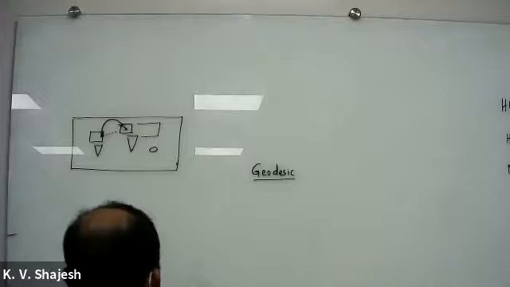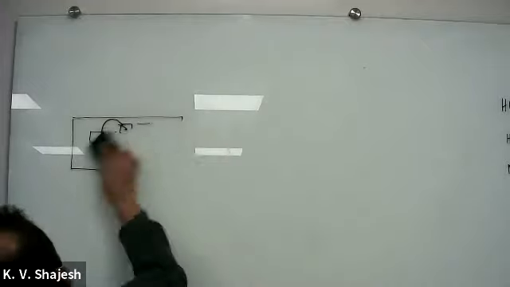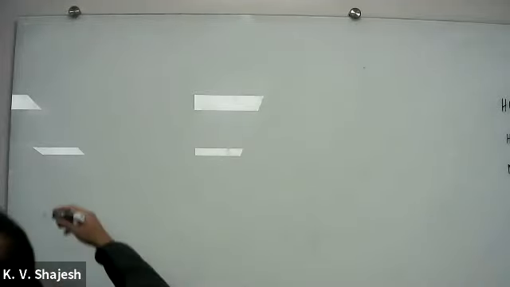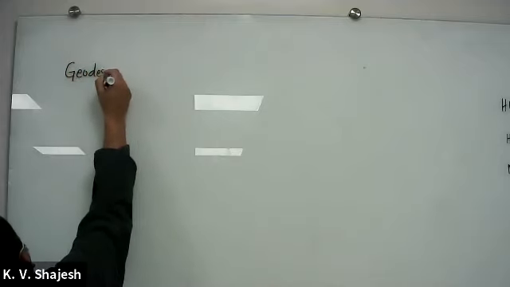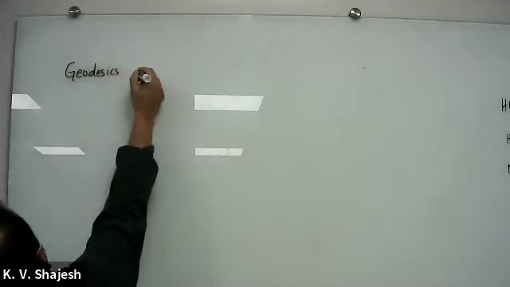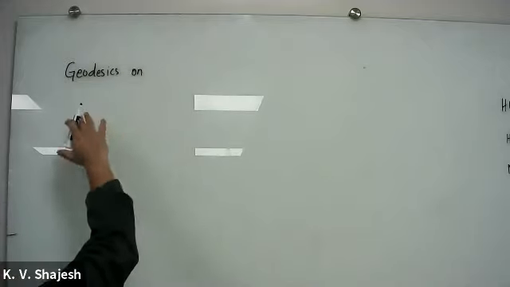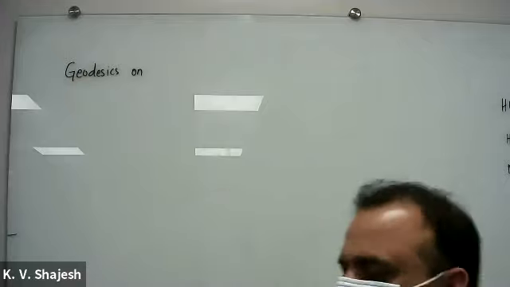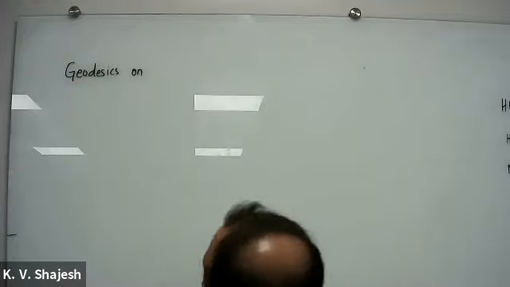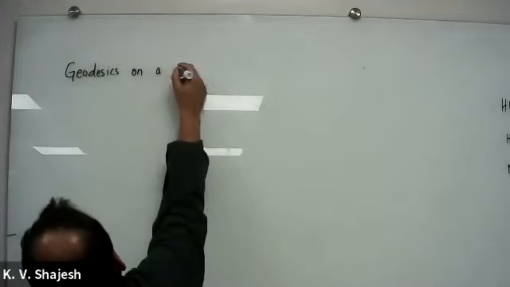So let's do the simplest case, which is also part of your homework, and let's do the geodesics on a plane. Right? I think it's geodesics because there are more than one. Given 2 points, there is a single geodesic, but in general, geodesics on a plane.